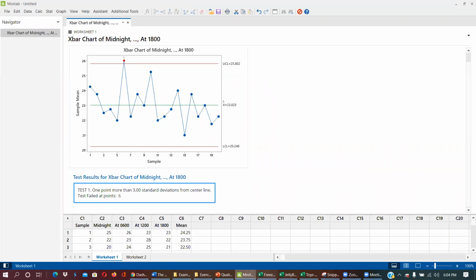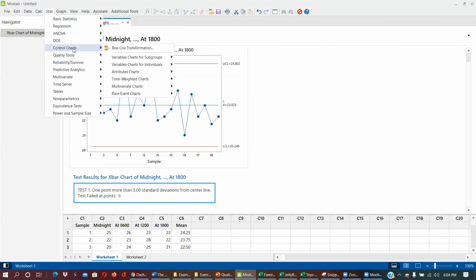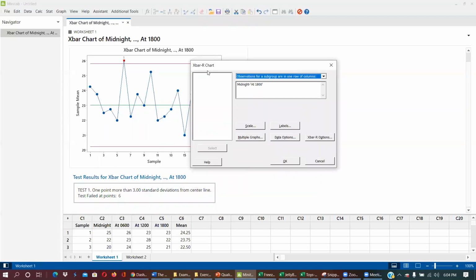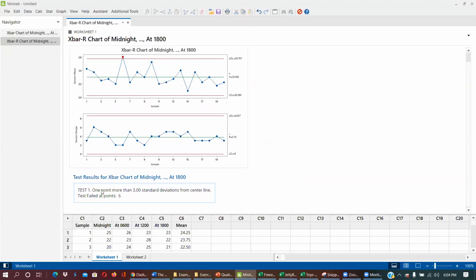Similarly, let me go to Stat, Control Charts. Here I am going to do the XR chart for the same data. Look into that. 1 point more than, exactly the same.